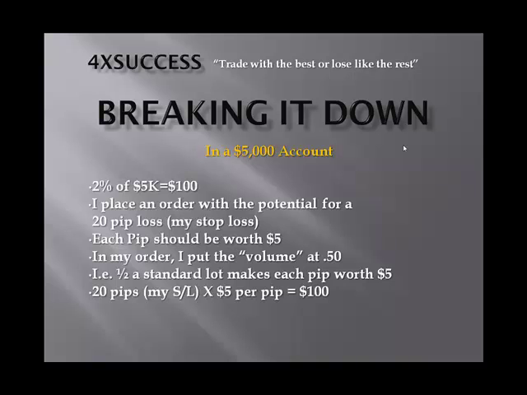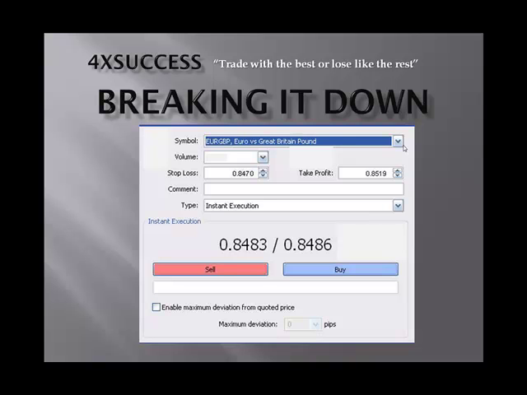And then once you've determined what 1, 2, or 3% of your total account value is, that will give you a great idea of what to set your volume or your lot size at when it comes to the trade. So again, if this were a trade that we were doing, we would simply enter 0.50, 5 minis or a half a standard there in the volume line.